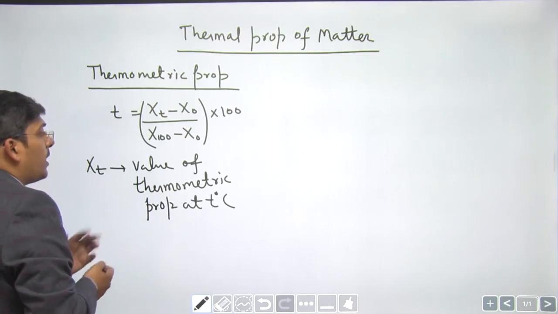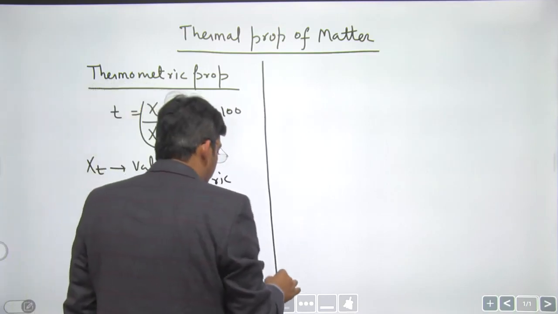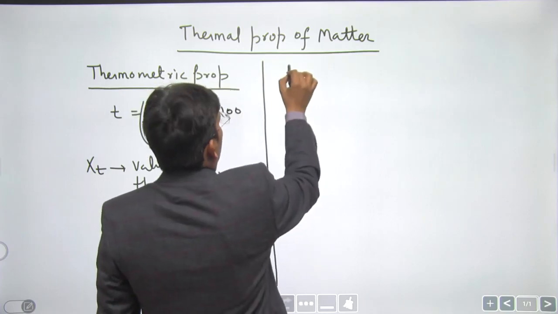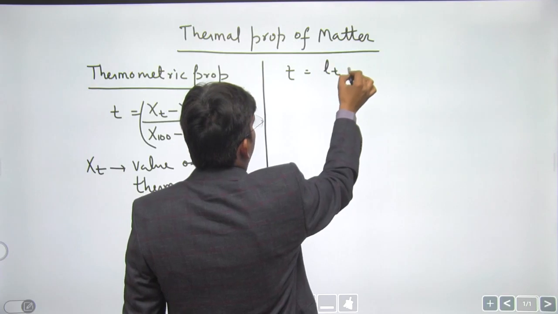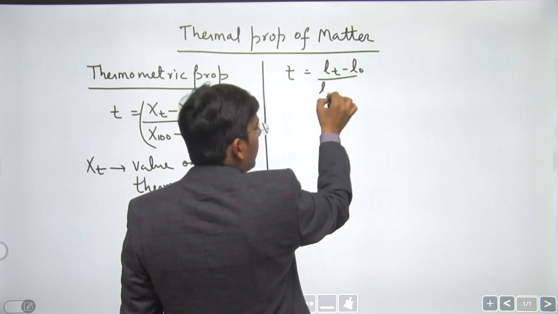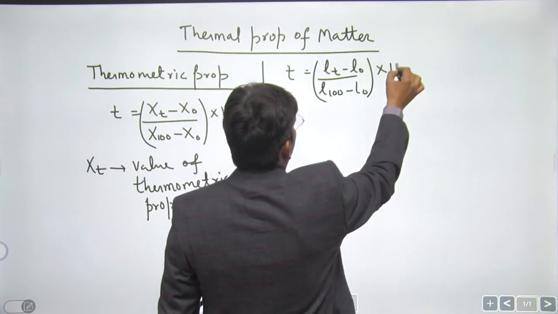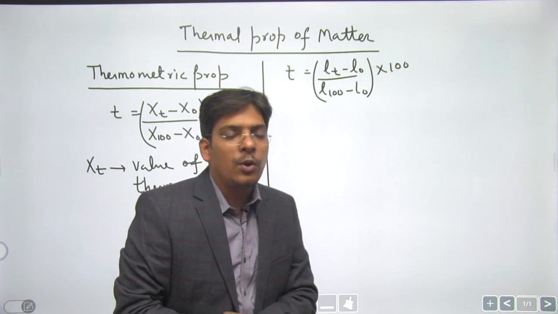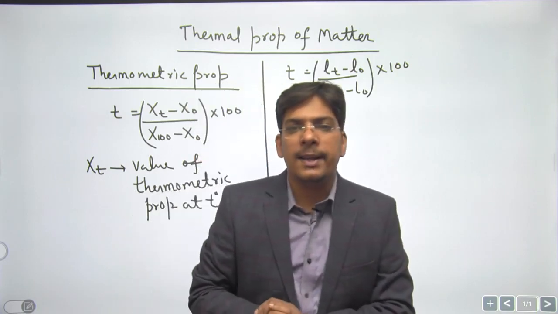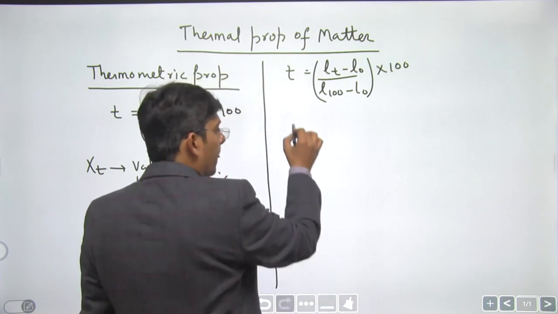So what are the examples of thermometric properties? We can have many examples. Likewise, expansion of a liquid column with rise in temperature, just like mercury in a glass tube. LT is the length of the liquid column at T degrees Celsius, L0 is the length of the liquid column at 0 degrees Celsius, and L100 is the length of the liquid column at obviously 100 degrees Celsius.